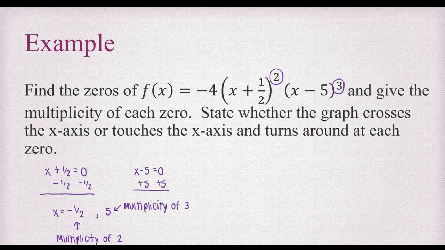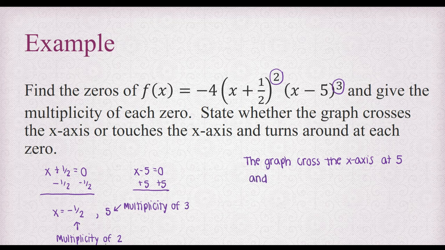So with all of my zeros, one of them has an even multiplicity, one of them has an odd multiplicity. So remember, the graph is going to cross the x-axis at 5. And the reason why it's crossing at 5 is because that was an odd number for multiplicity. So it always crosses the x-axis at an odd multiplicity.